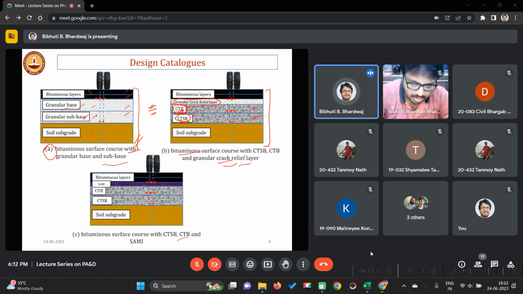Cracks can occur at the bottom of these layers. So when cracks are expected in these layers, they will propagate easily to the upper layers. We don't want the wearing course or binder course to be cracked, because once it cracks, water will come.